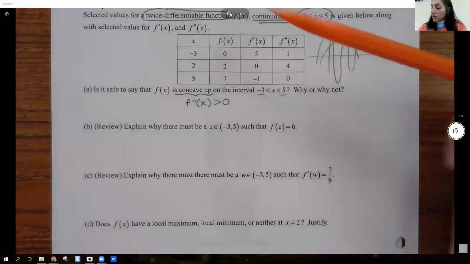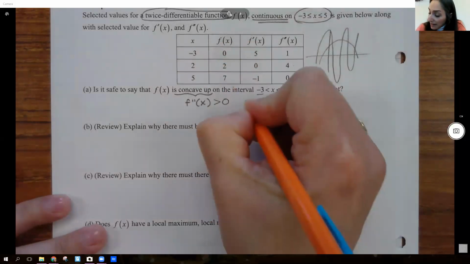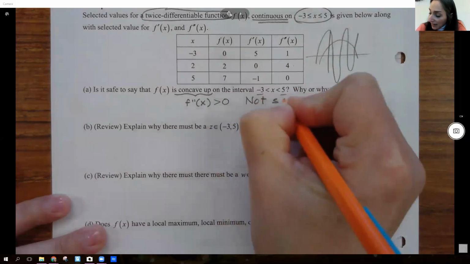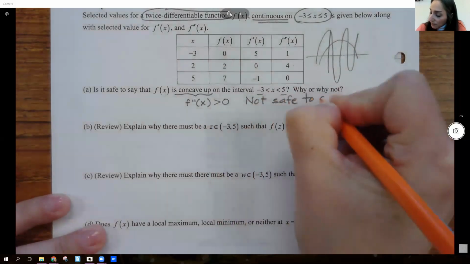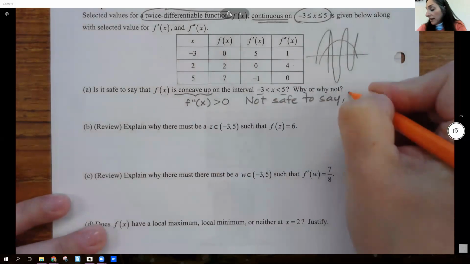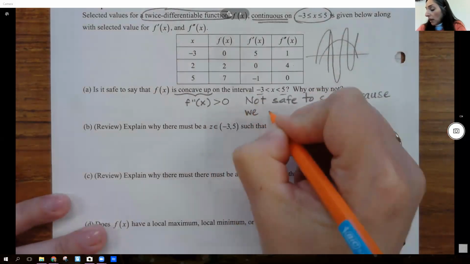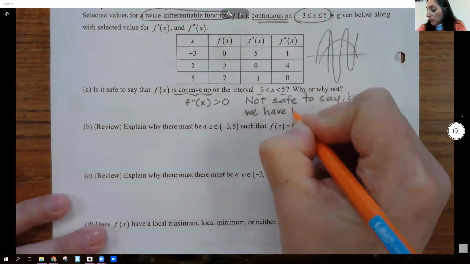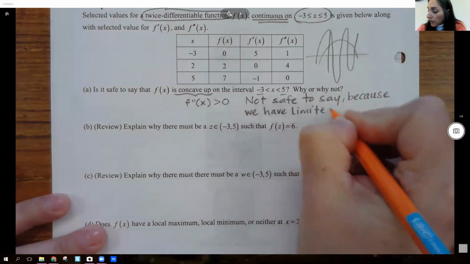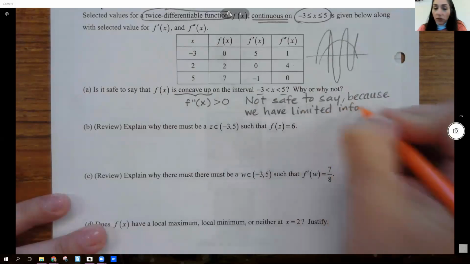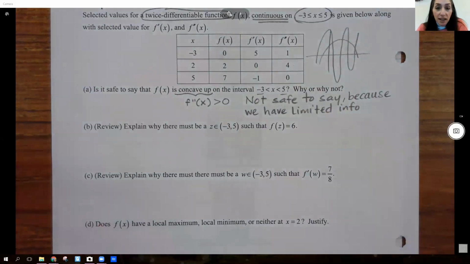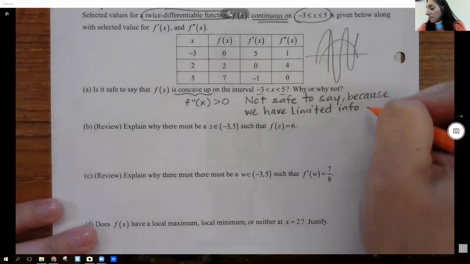We don't know. So it is not safe to say, because we have limited information, or however you want to say it. You don't know what's going on in between the points. You could say that too, okay?